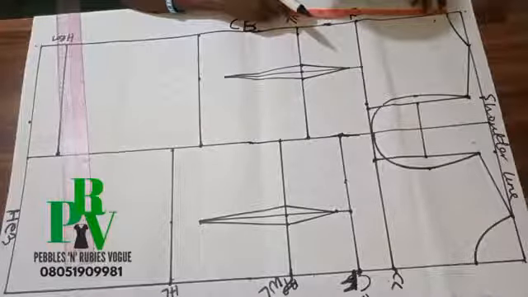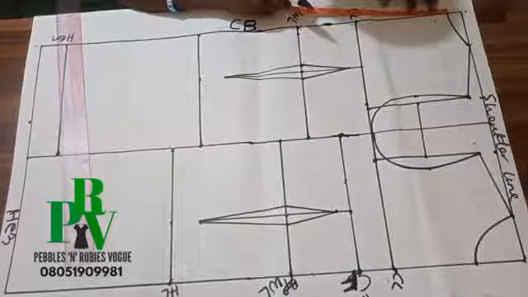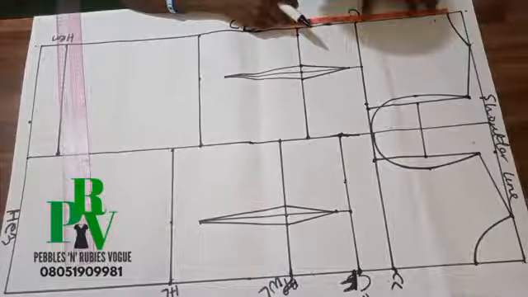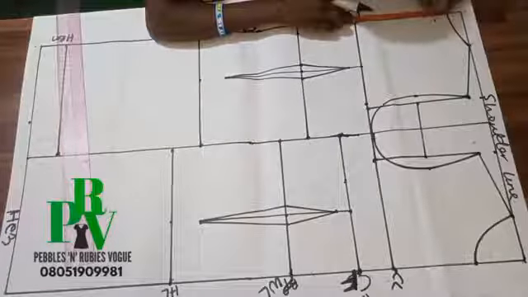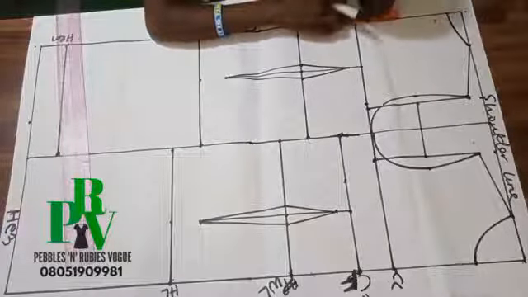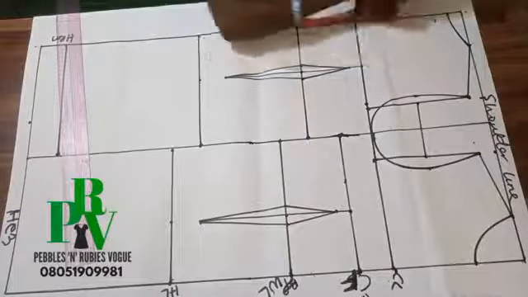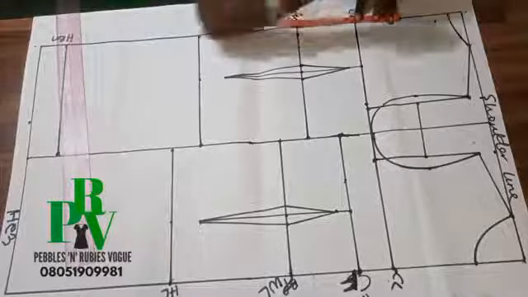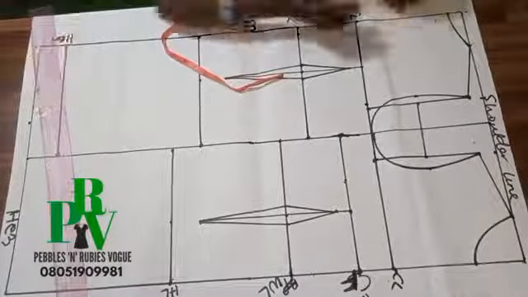Then I'll come to the neckline depth. From the neckline depth down to the chest line, measure the distance there. So here, then divide it into 2 equal halves. The distance from the end of the neckline depth to the chest line divided by 2. So this is this point.